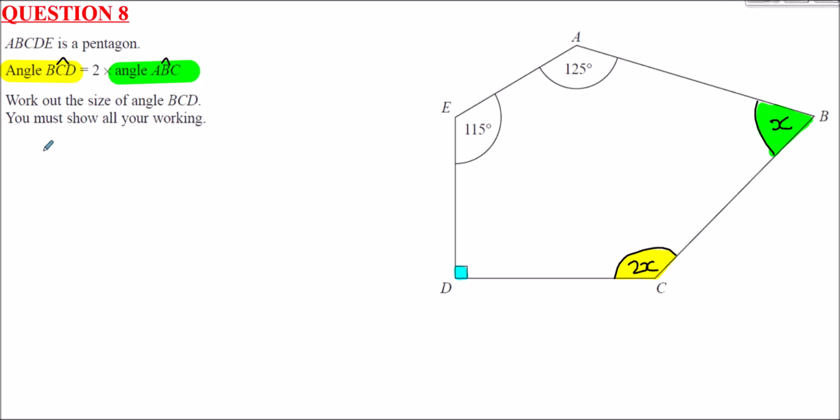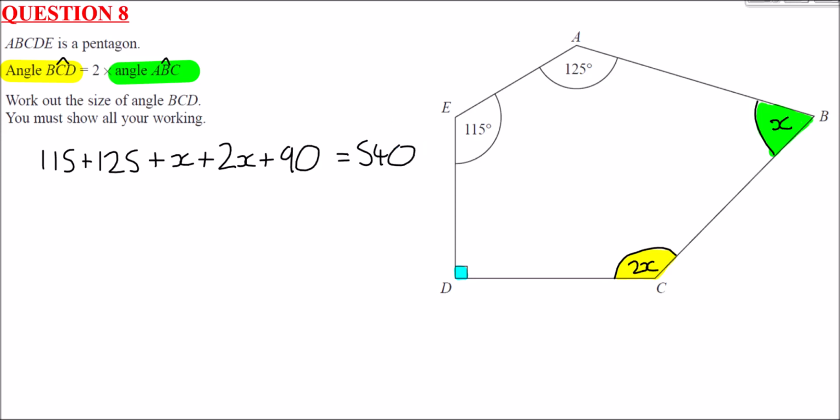So 115 plus 125 plus this angle x plus this angle here 2x plus 90, which I'll explain is because of this one here. That needs to add up to 540. So that 90 comes from that right angle there. 2x, because that's what I called BCD, and I called ABC x.